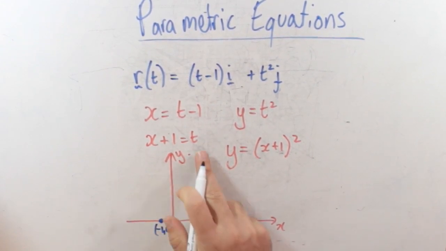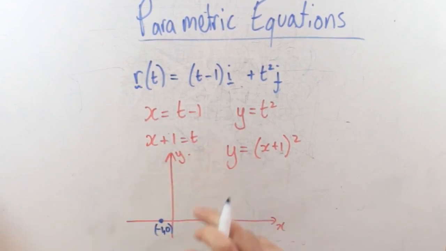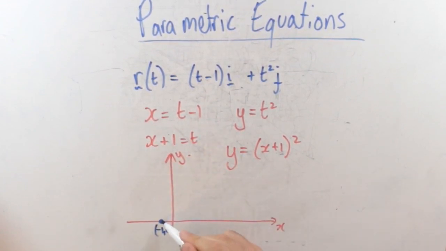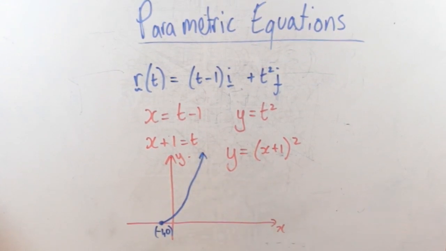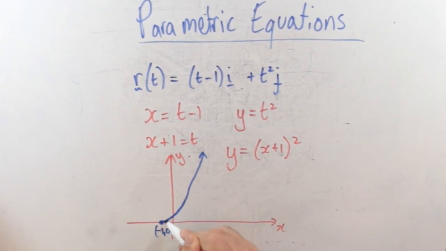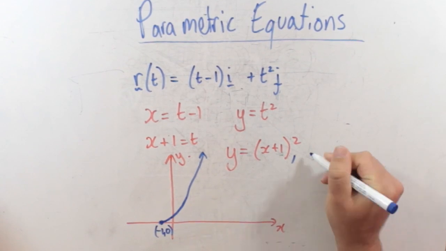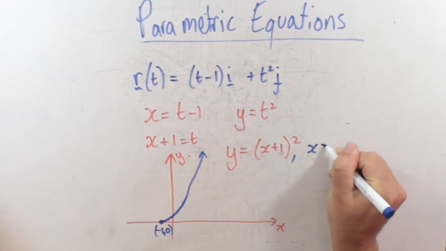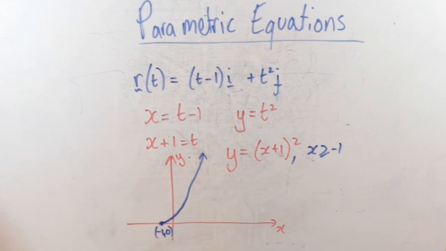And then as t progresses, x gets bigger. So x gets bigger as time progresses. So it's going to be just this half of the parabola. It's going to turn around there. So it's this equation, but it's only for x greater than or equal to negative 1. Okay, so getting that domain right is really important.